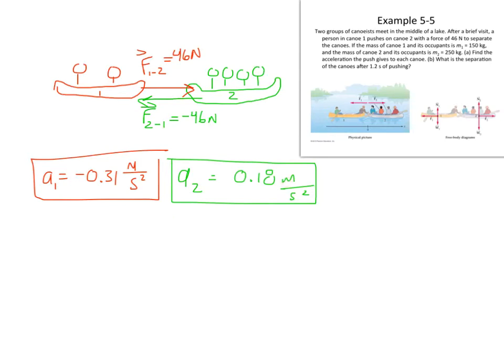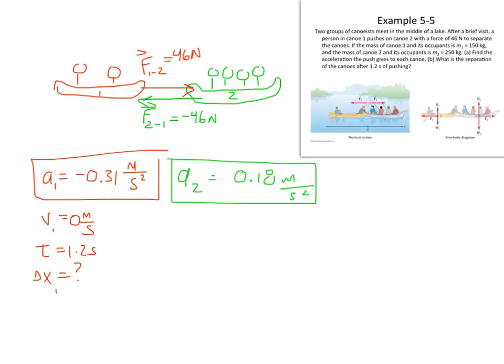So we can say for canoe 1, the initial velocity is 0 meters per second, right? Because we're starting at rest. The time that is spent pushing equals 1.2 seconds, and the displacement is what we want to find out, displacement 1. Same thing for canoe 2, we're just going to do that separately.